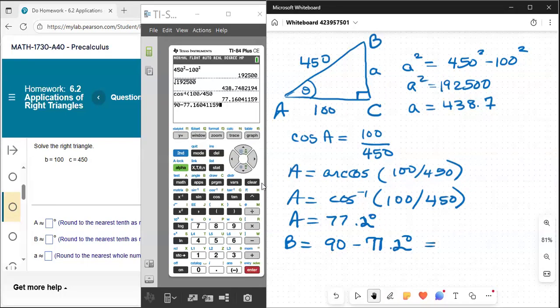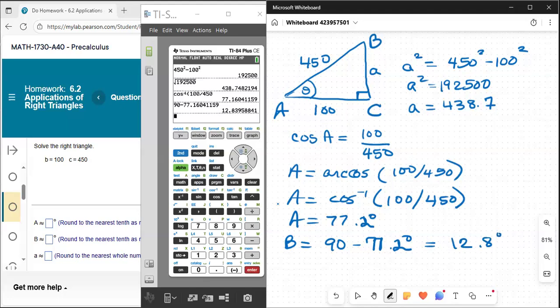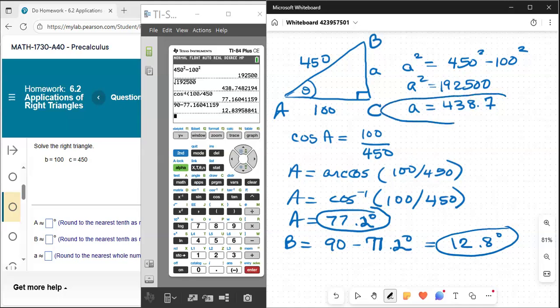And when we round that, we get 12.8 degrees. So we have angle A, angle B, and a little a. Now we have solved all 6 parts of the triangle.